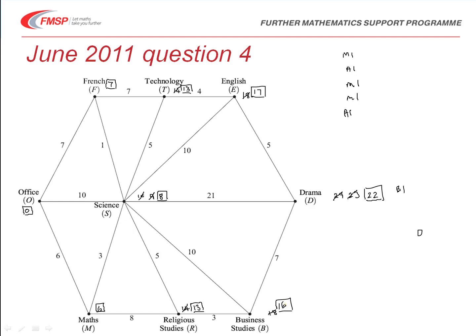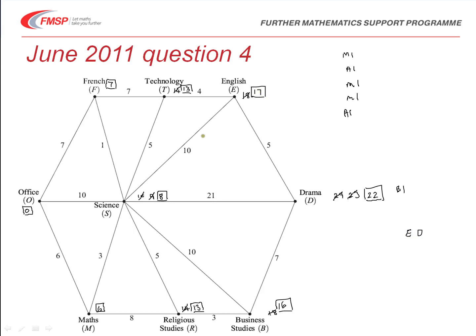That's not right because it's 16 at B. 22 take away 21 is 1, so that's not right. So it must be the 22 take away the 5 to give us 17. So E must be the place that we came from to get to D.